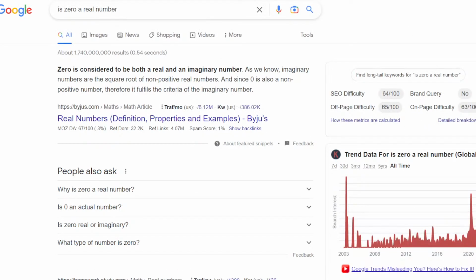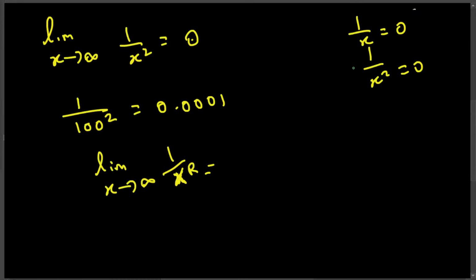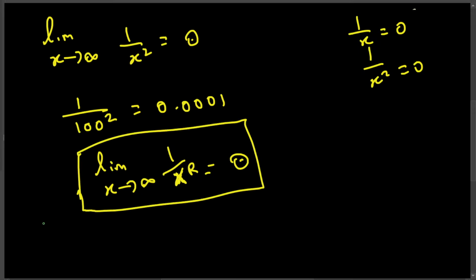Okay, 0 is considered to be both a real and an imaginary number, so I would say except 0, if you put any value, this is going to become 0. If you put 0, I think it's undefined, because infinity to the power 0 is undefined, and then we cannot do anything with that. So any value of r except 0, that's going to become 0. This is a generic thing we can know from this.